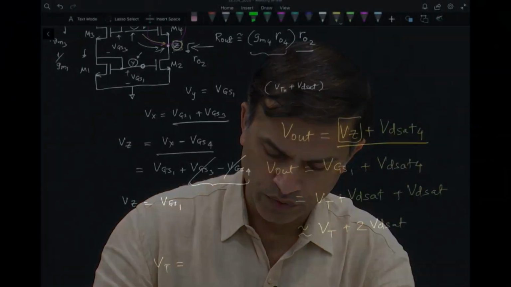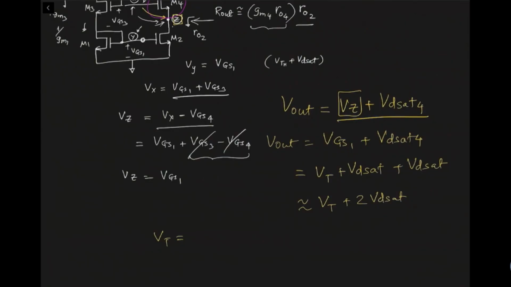So in this particular case, let's say Vth, to be consistent, is 500 millivolts for the NMOS device. The Vout is going to be equal to 500 millivolts plus 2 times, if I keep 200 millivolts as a VDSAT by design, almost 900 millivolts, or 0.9 volts.